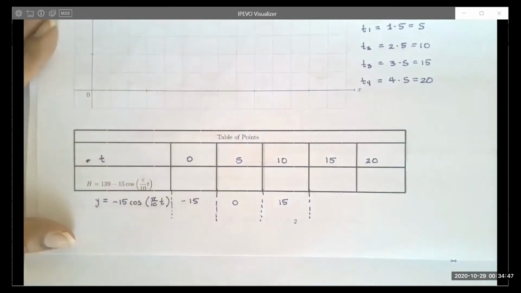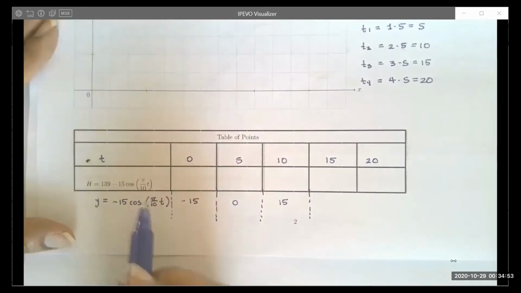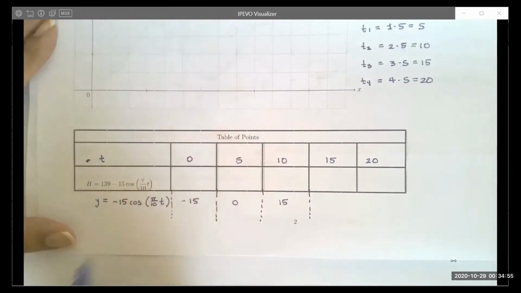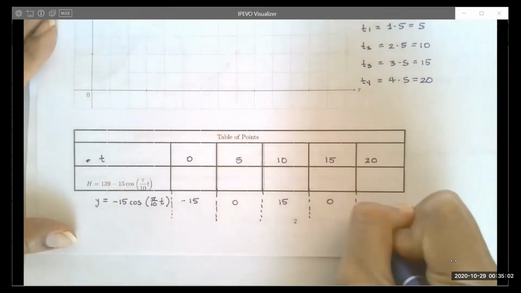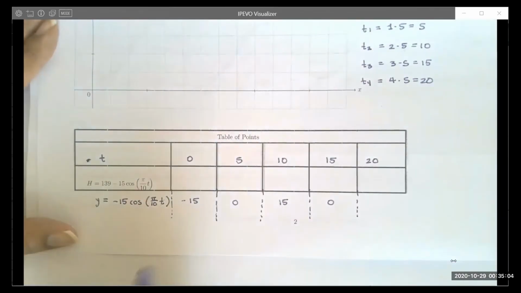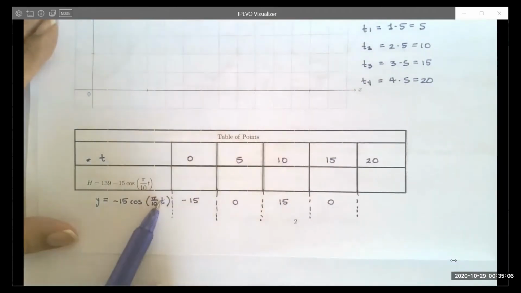And then for 15, 15 pi over 10 is going to reduce to 3 pi over 2. Cosine of 3 pi over 2 is 0, and negative 15 times 0 is 0. And last one, replace it with 20. 20 pi over 10 is going to be 2 pi.